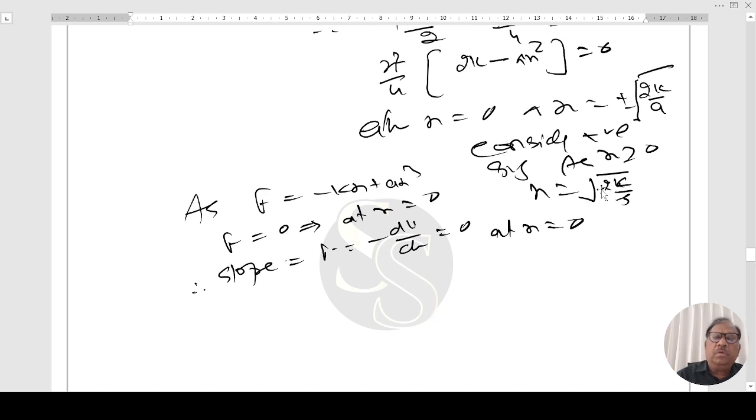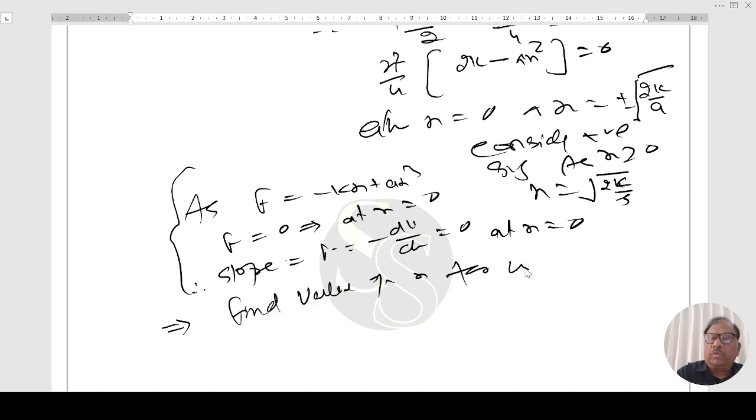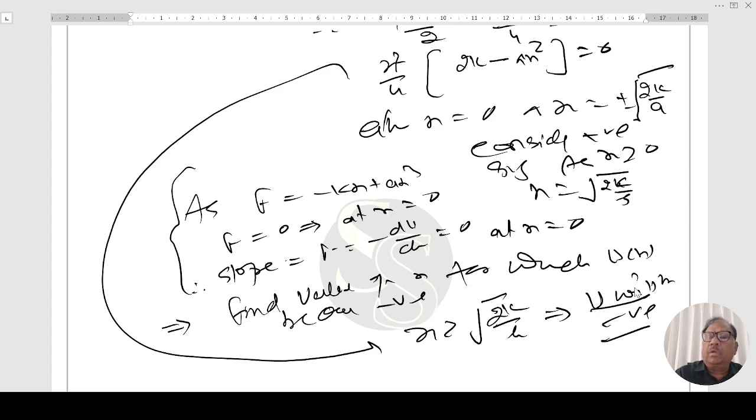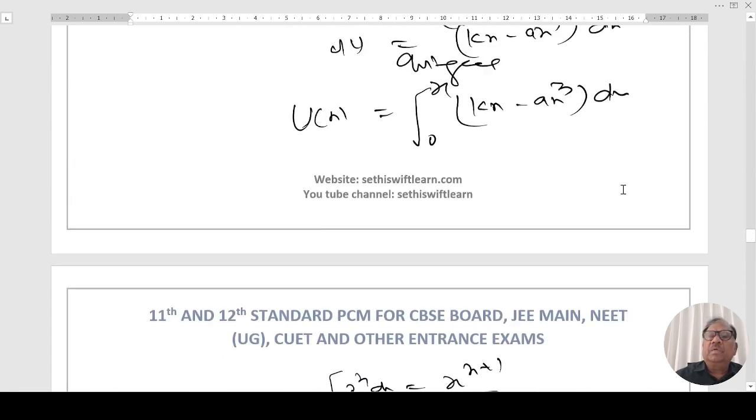One is this discussion, and another, find the value of x for which Ux becomes negative. On substituting x greater than under root 2k by a, U will be negative, right?